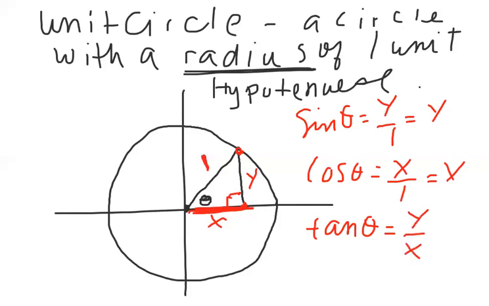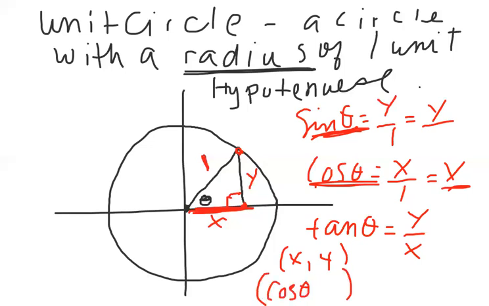Now, this is the last point I'm making, and this is a big point right here, guys. So essentially, this is what just happened. Every point in the xy plane is x comma y. So what we just defined was that sine of theta is equivalent to y, and cosine of theta is equivalent to x. So that x comma y, we can rewrite it as cosine theta comma sine theta.